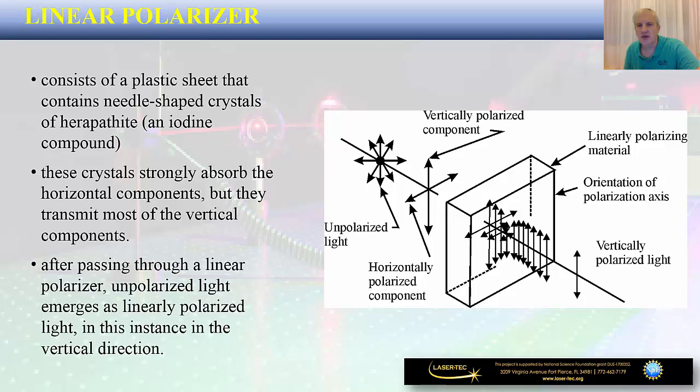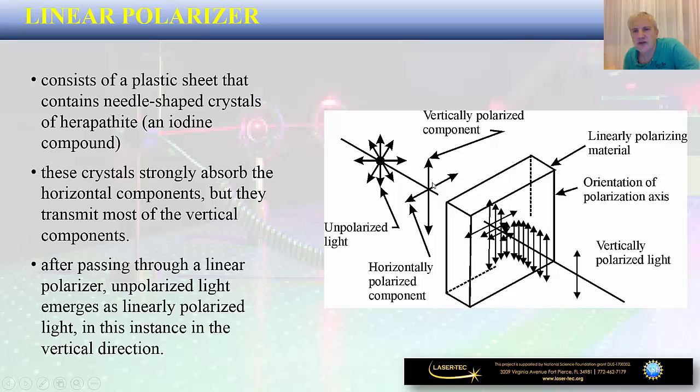So what you have in front of the polarizer is unpolarized light, represented by all these different arrows. In other words, the light vibrates in all possible directions. It turns out that unpolarized light can be represented by two components, the horizontal component and the vertical component.